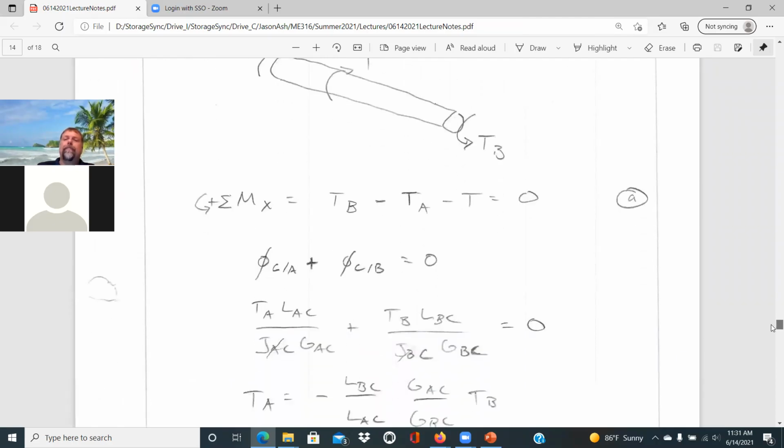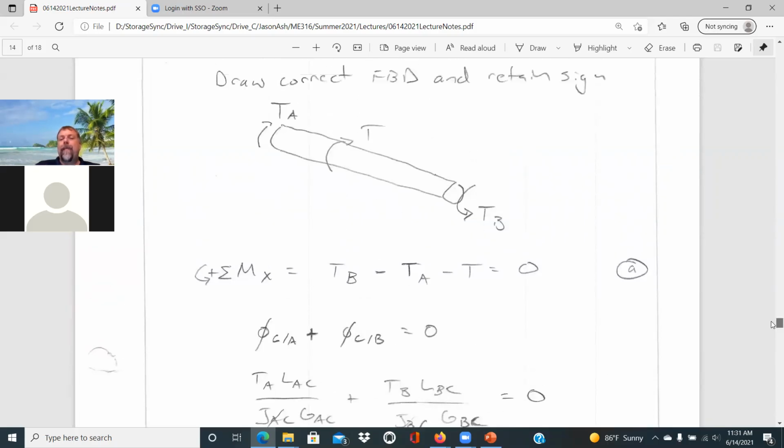And then when you look at the compatibility expression, instead of just setting the magnitudes equal to one another, if we look at the angle of twist of C relative to A, if we make a cut here, that's going to twist back, but that's going to be a negative.